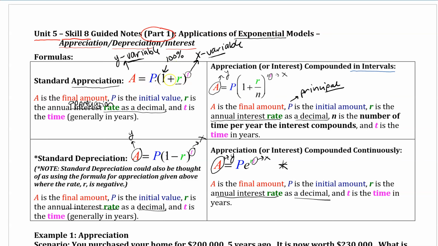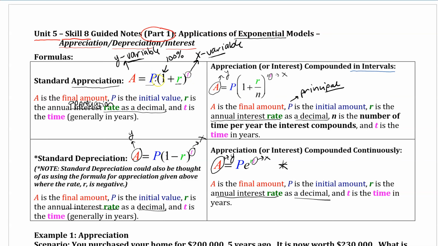And for every year you do it, you're multiplying this back to itself, which is why we raise it to the power of T, because you're multiplying the same quantity over and over again. The power tells you how many times you multiply that quantity, and then that's getting multiplied to that original amount.